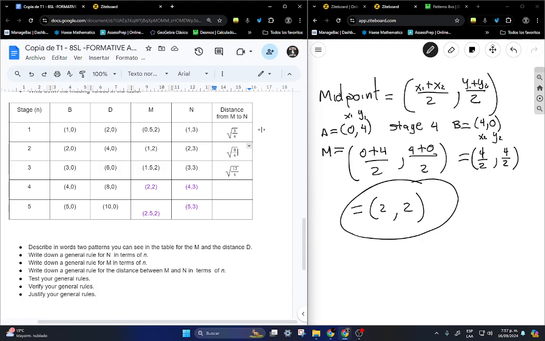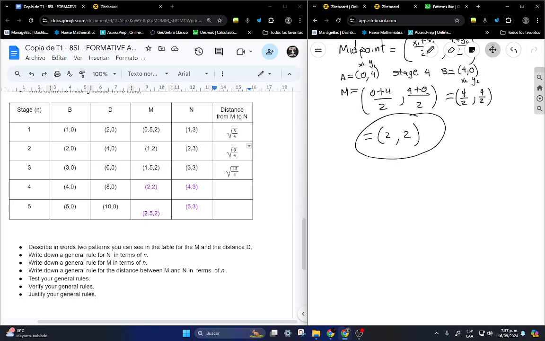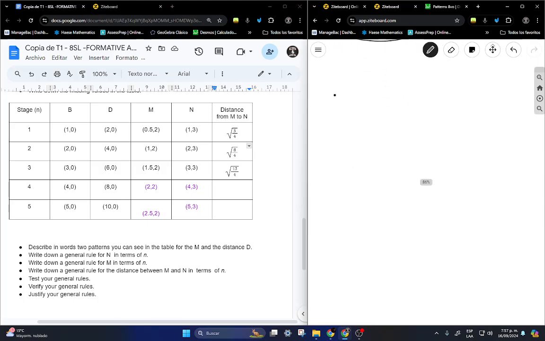That means this doesn't follow a linear pattern. But remember, this is a distance, the distance from M to N. And remember also that we have a formula that can help us find the distance.